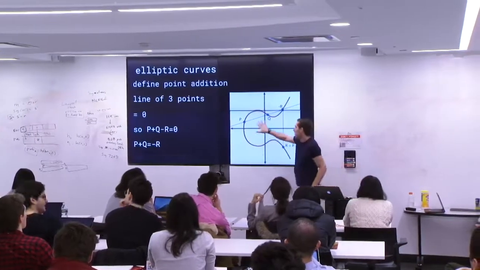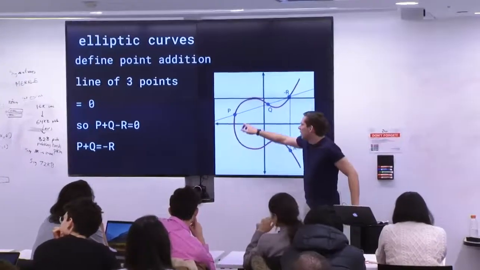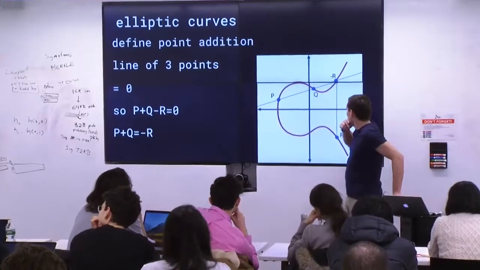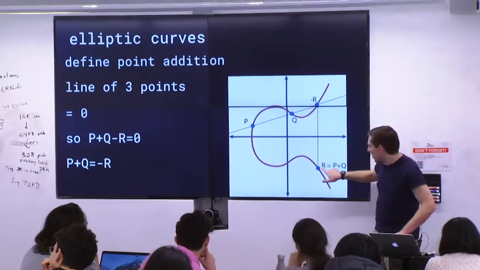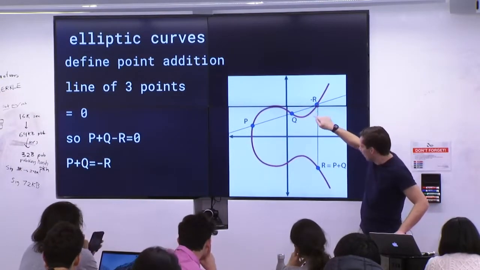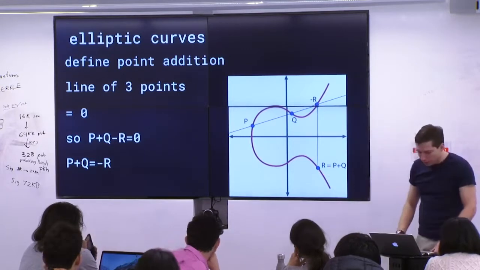Yeah, this picture is correct. Basically, P plus Q equals R, because R is down here, sorry. This is R, this is negative R. So P plus Q equals R, not negative R, sorry.